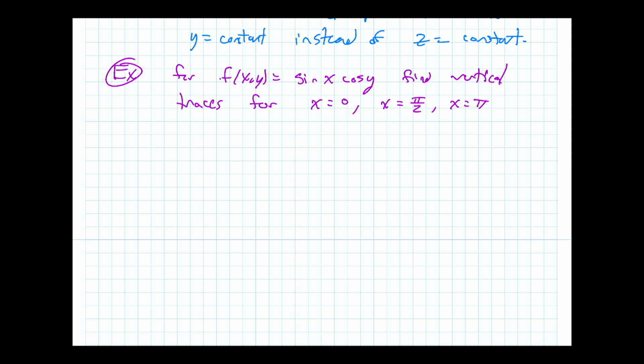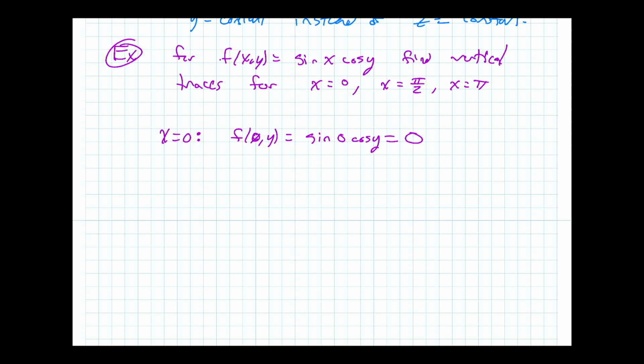All right, so what do you do? Same process, right? For x equals 0, you would plug that into your function. So f of 0, y is going to be sine 0 cosine y, which is actually just 0.